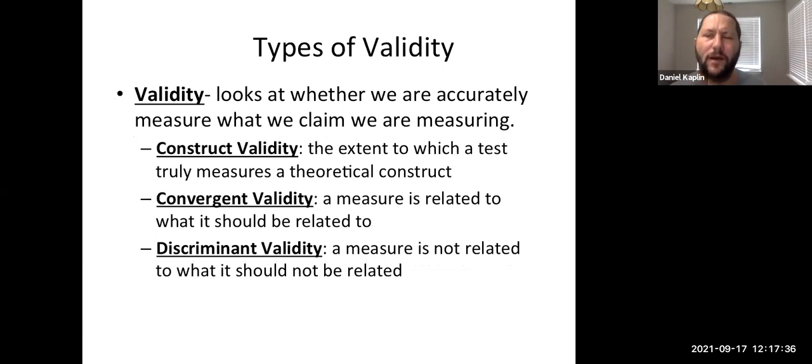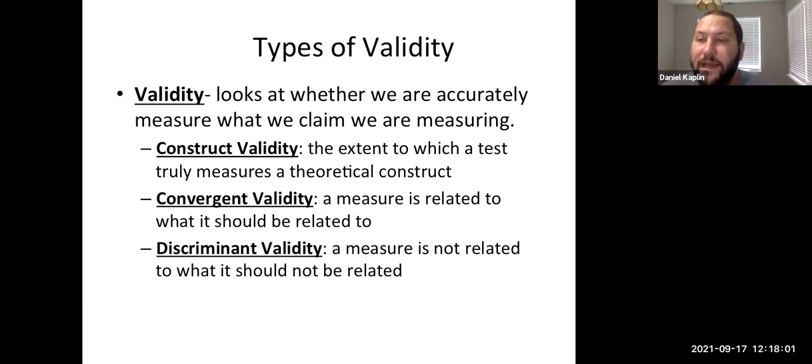So we talked about reliability as consistency of scores. Now I think it's important to also talk about validity, which refers to accuracy of scores, precision. Validity, does the instrument measure what it claims it's supposed to measure? And there are different forms of validity.